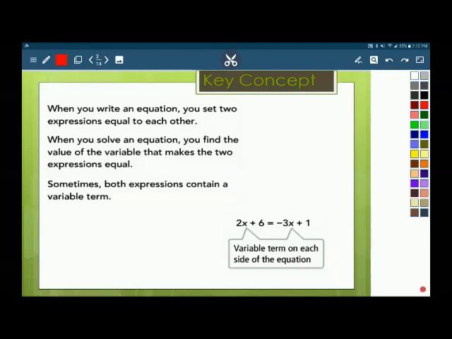So think about it this way. Let's say I had a balance beam, kind of like how we were talking about yesterday. And on that balance beam, there are boxes that we don't know what's inside. So if I were to represent the left side on the balance beam, I would see two boxes to which I don't know what is inside, and then I would see 6 unit pieces.